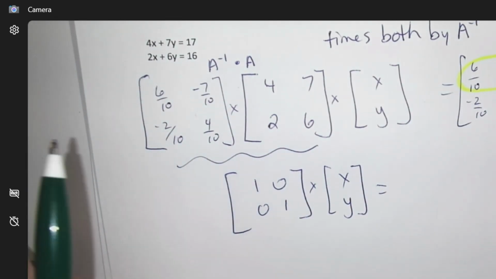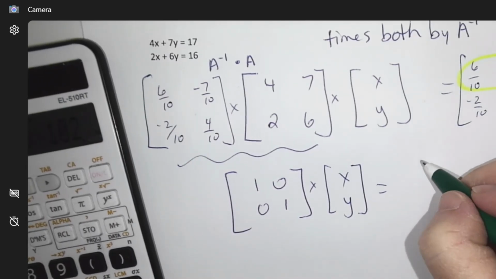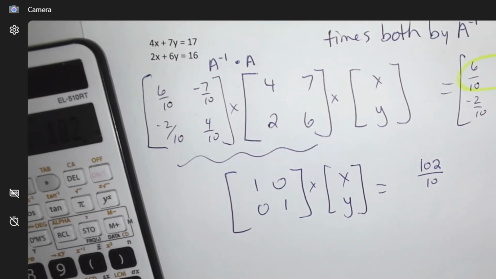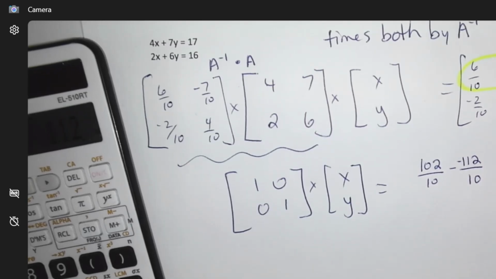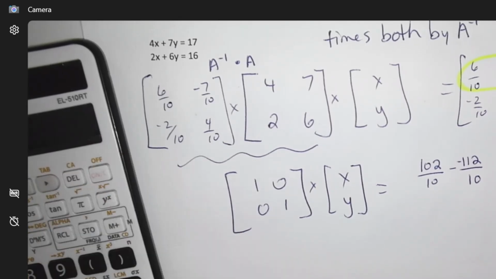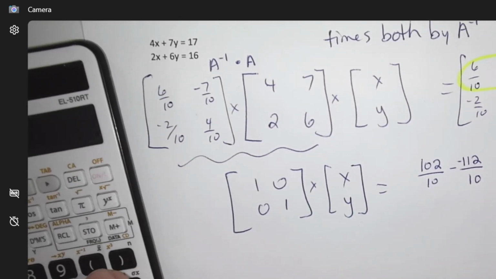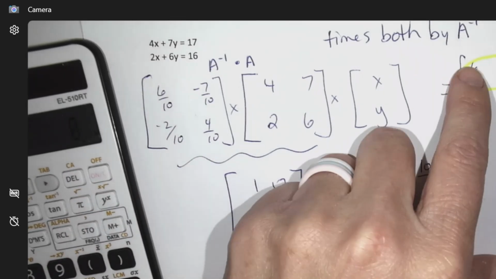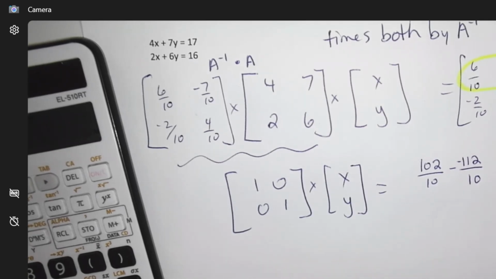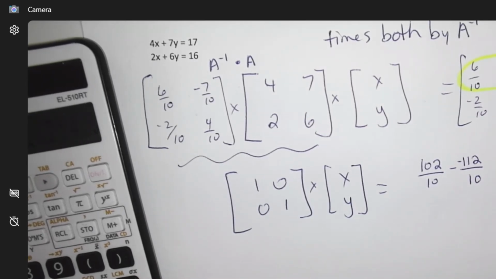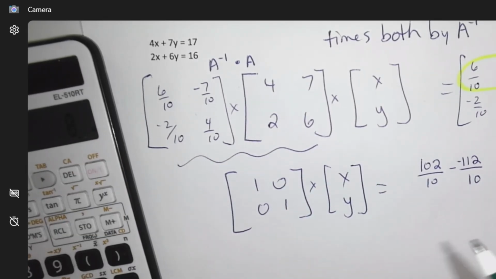Oh man, I didn't give you very nice numbers. 6 times 17 is 102 over 10. 7 times 16 is... I feel like this is going funky.